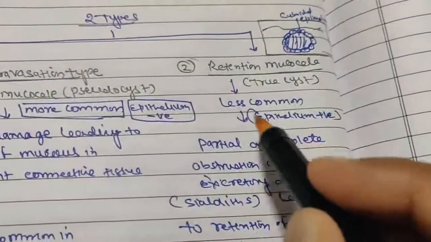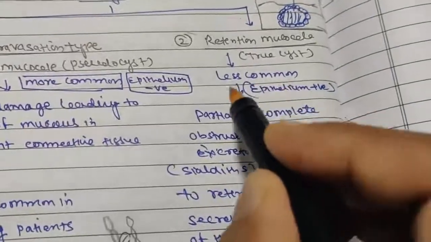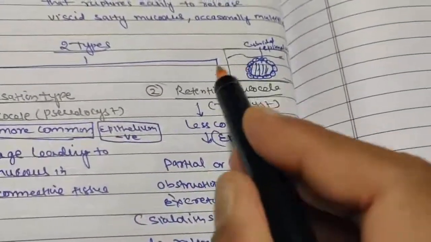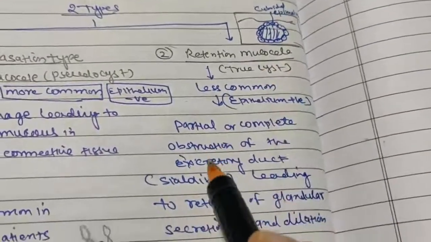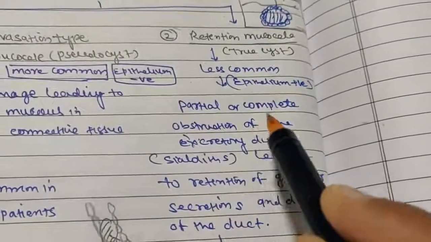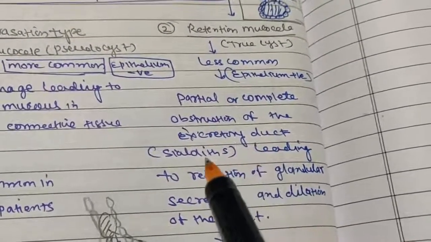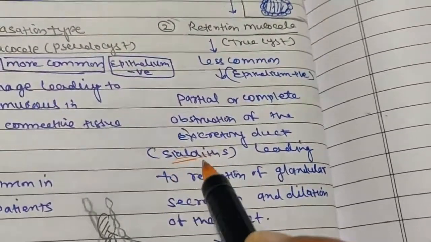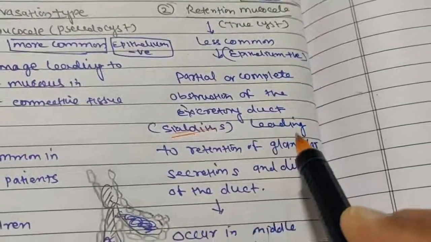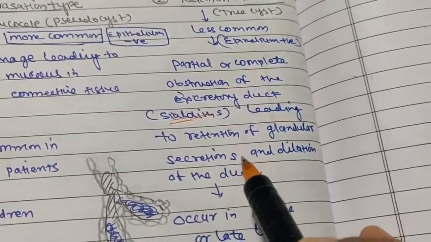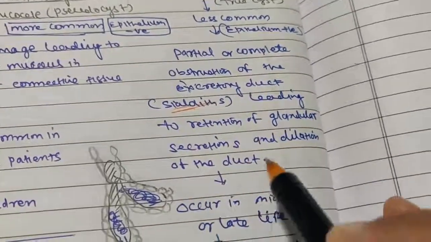But retention mucocele is less common, and the surrounding epithelium is also present. That's why it is a true cyst. It is because of partial or complete obstruction of the excretory duct, maybe because of a sialolith, stricture, or food particle obstructing the minor salivary gland, leading to pooling of the secretions.